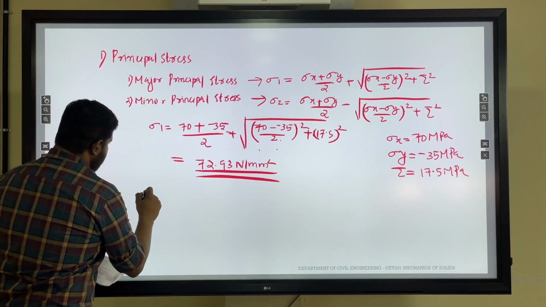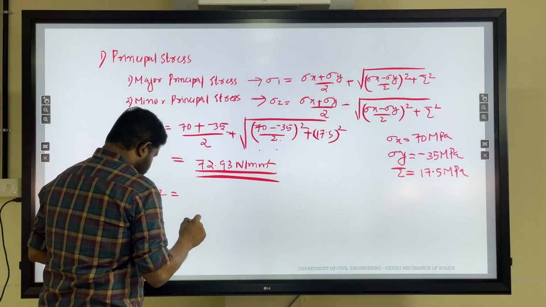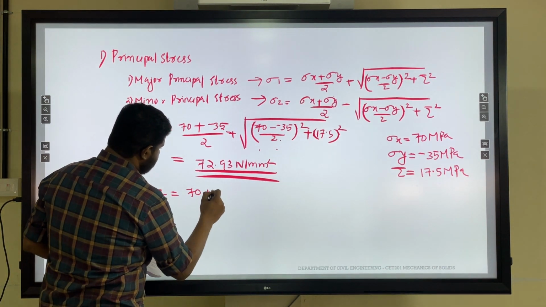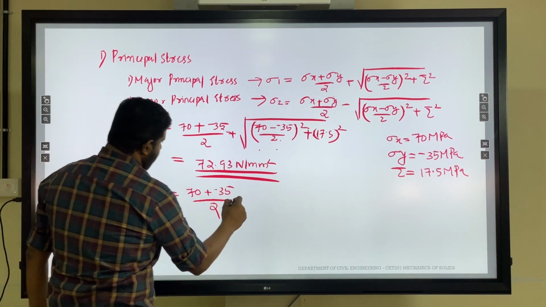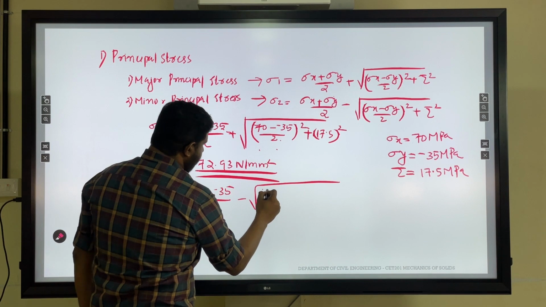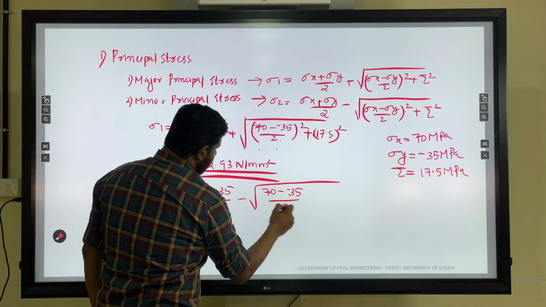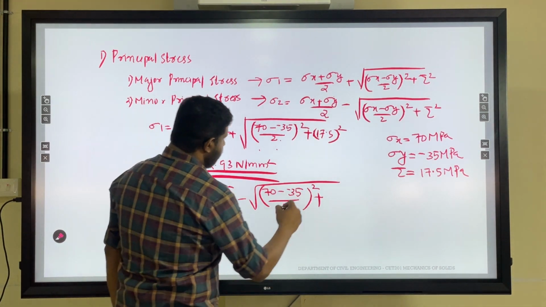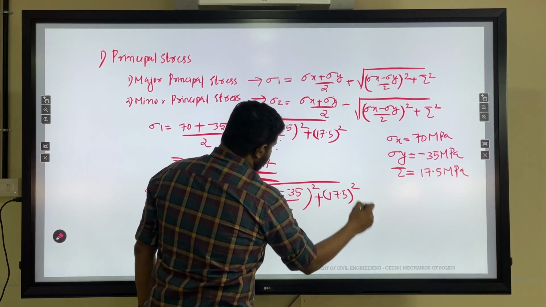And for sigma 2, substituting into the equation, we have (sigma x + sigma y)/2, again (70 + (-35))/2, minus root of ((70 - (-35))/2) the whole square plus tau square, that is 17.5 the whole square.